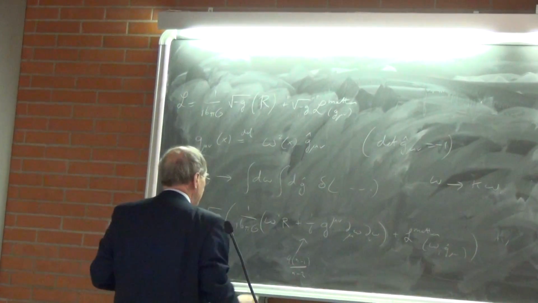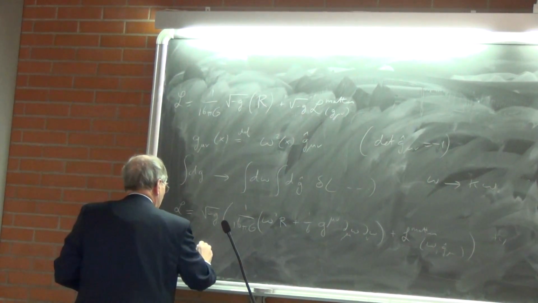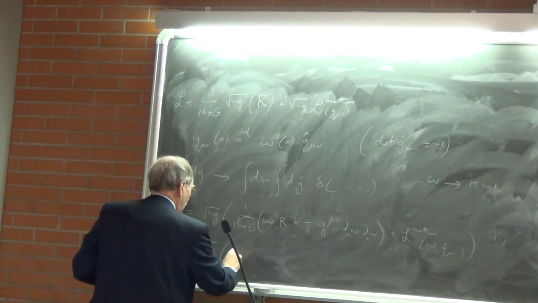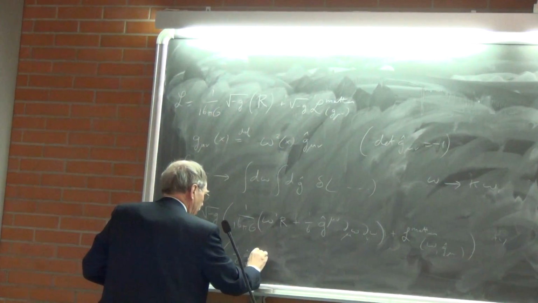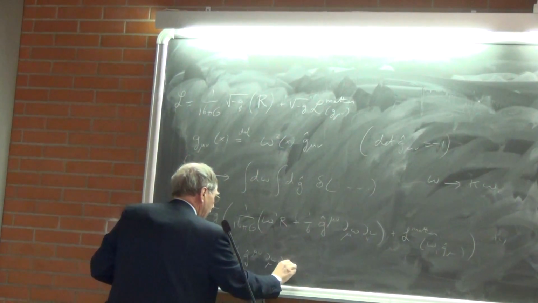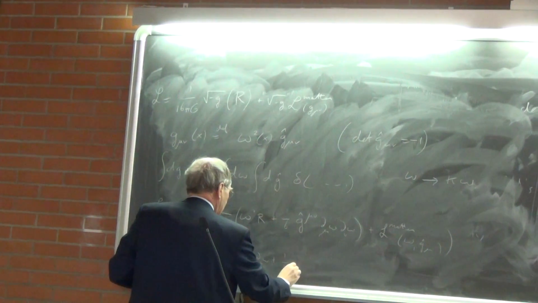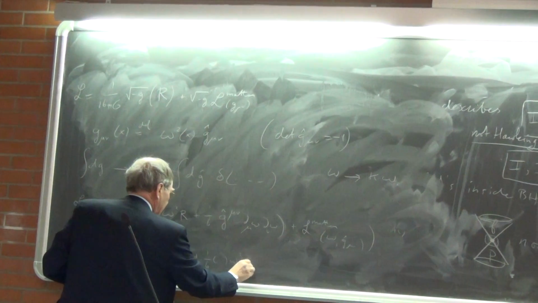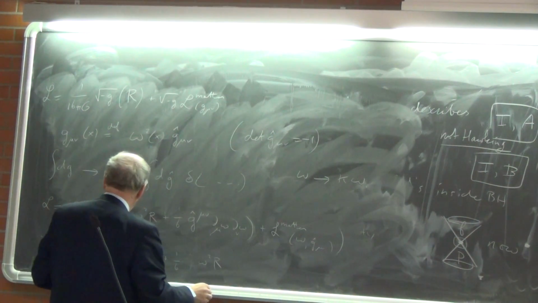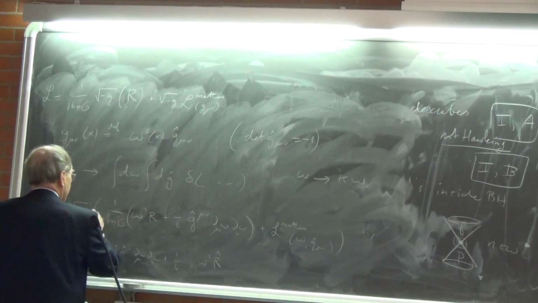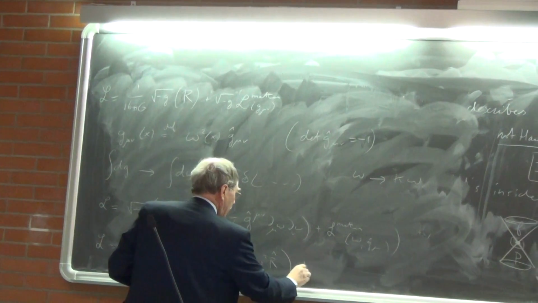And if I rescale it, then this Lagrangian will look like 1/2 g mu nu hat d mu omega d nu omega plus 1/6 times some coefficient times omega squared R hat, that is the Ricci scalar generated by the g hat. And then there's the usual element.